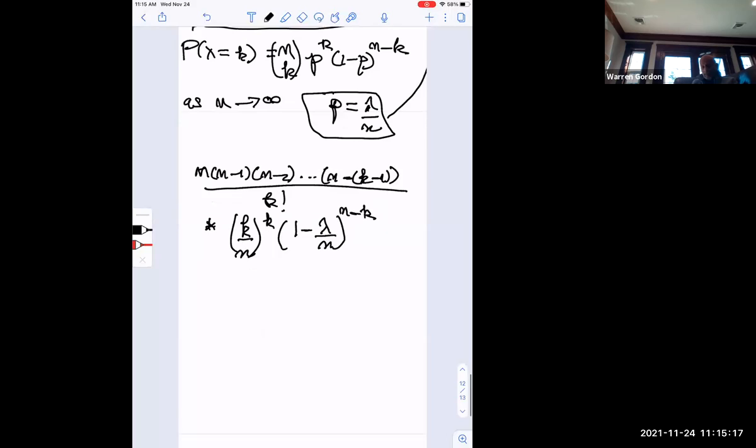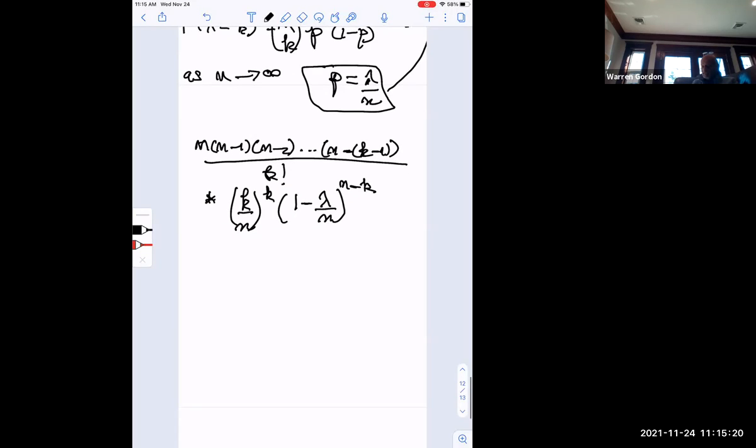Okay, so we want to play with this. So let's write this a little differently. I have lambda to the k, that's this term, and I have a k factorial. I have 1 minus lambda over n to the n, that's coming from here.